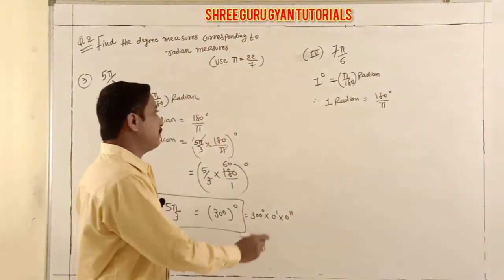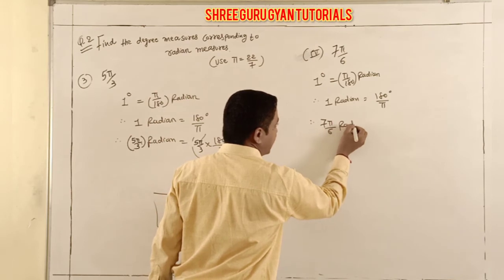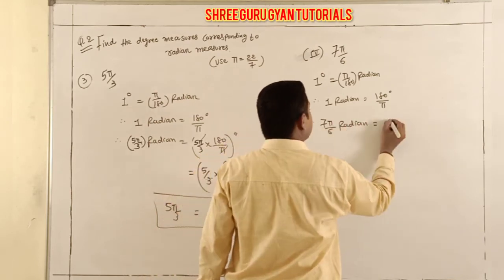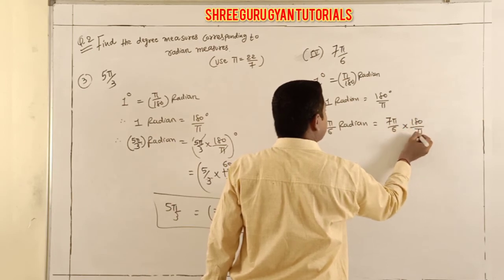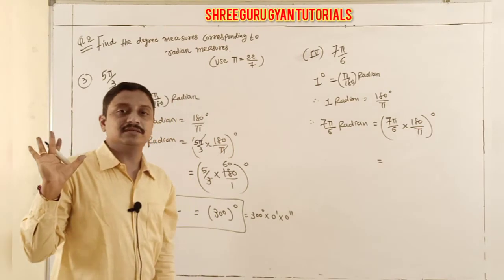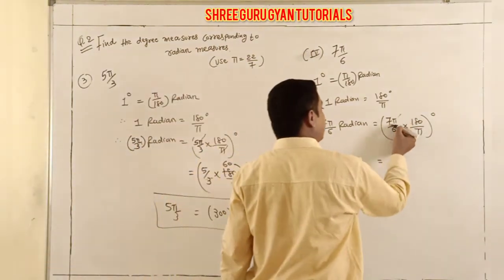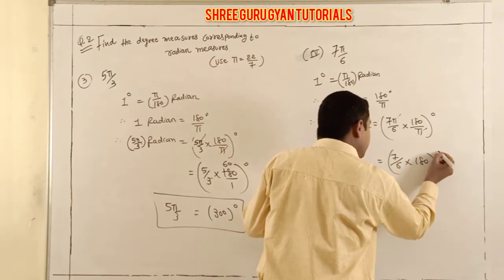That's why, with the same application, the solution for 7 pi by 6 radian is 7 pi by 6 into 180 by pi degree measure. You easily get 7 by 6 into 180 degree.